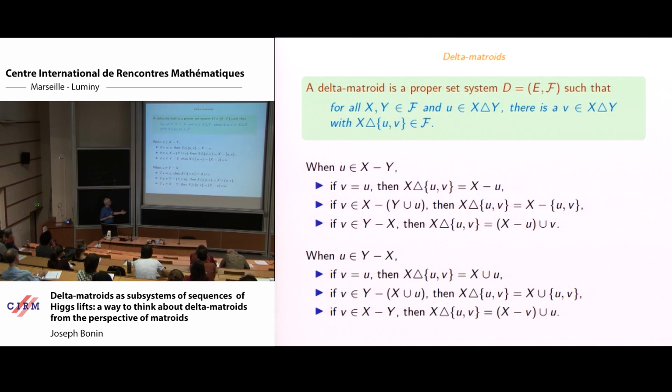And similarly, u could just be in y, and maybe we're adding just u to x. Or maybe we're adding u and another element to x, or maybe we're doing a real exchange. So there are a lot of possibilities, and you see right away that the sizes of the feasible sets don't have to be the same in a delta-matroid.